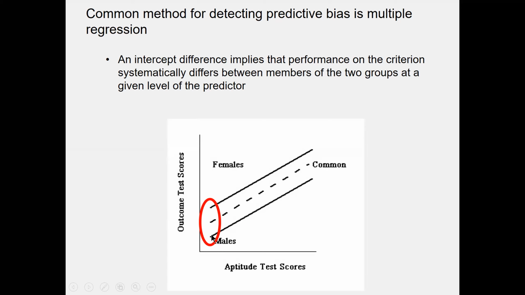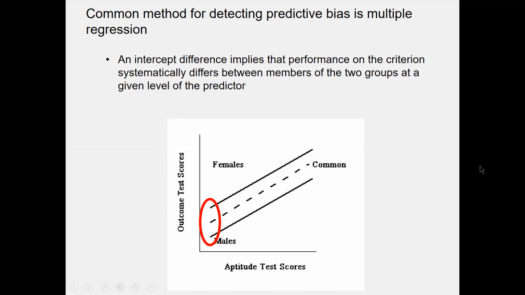But males always score lower on the outcome, even though they had the same aptitude to start with. It appears to be some kind of discrimination in outcomes for males. There's a lot we don't know here, but that's what it looks like.